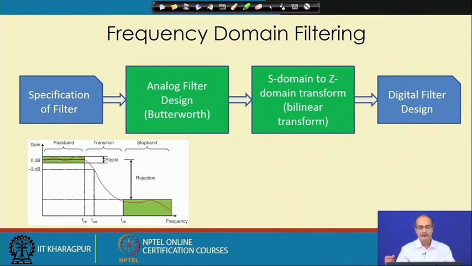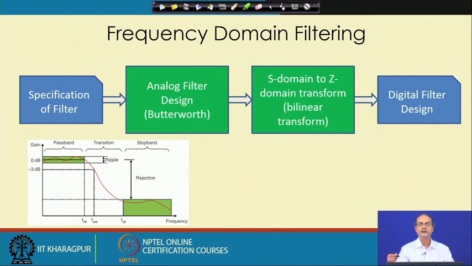Next we will just pass through the basic technique of frequency domain filtering. Frequency domain filtering is primarily dependent on analog filter design. For analog filter design, there are so many techniques and they are so mature.